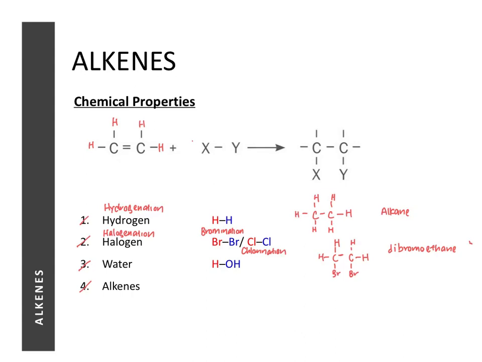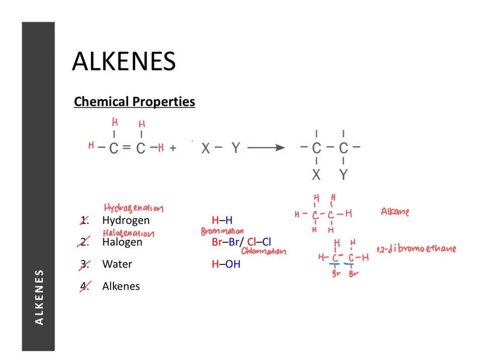Now for this particular product, we further need to add a 1,2: 1,2-dibromoethane. Why 1,2? It is to tell you that the bromines are added to different carbon atoms.